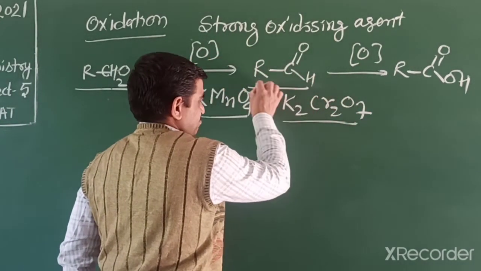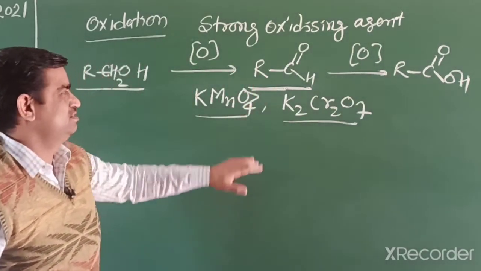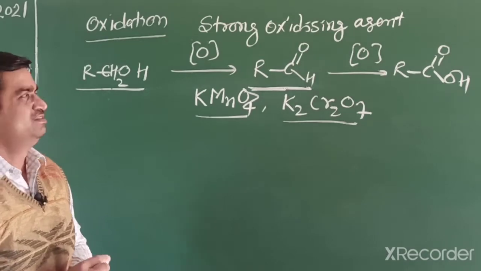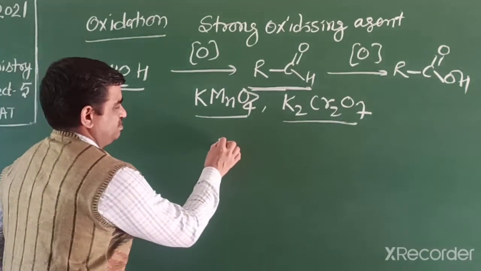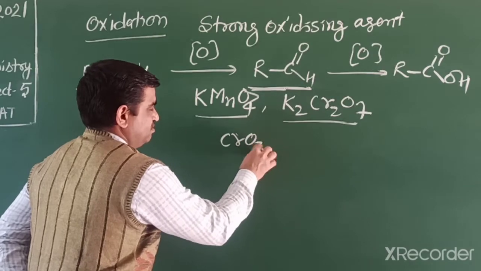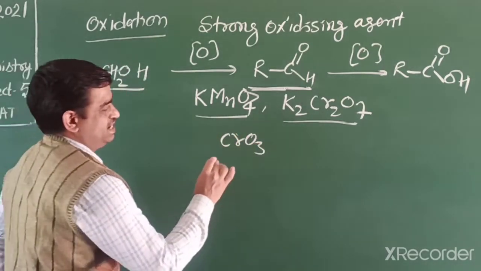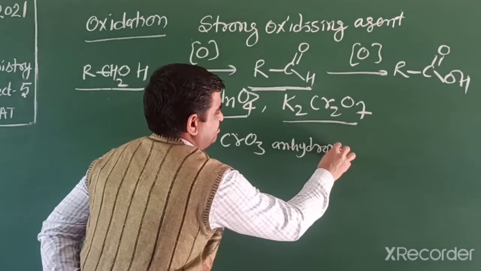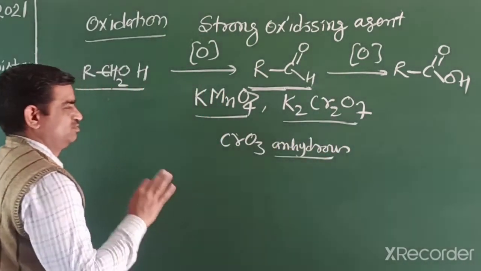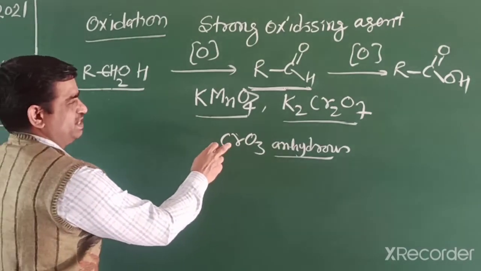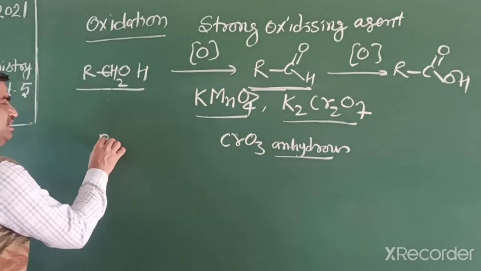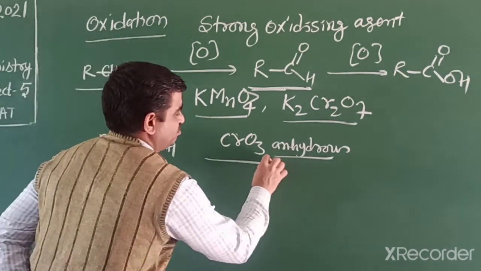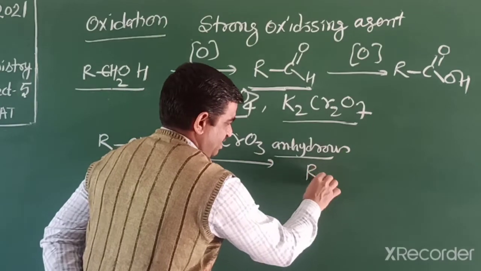If you want the aldehyde, then we have to take a weak oxidizing agent. A weak oxidizing agent means something like chromium trioxide, which should be anhydrous, moisture-free chromium trioxide or chromic anhydride, then the alcohol converts into the corresponding aldehyde.